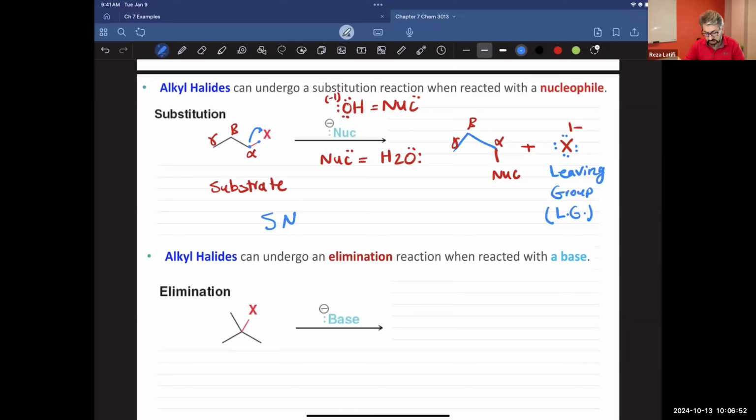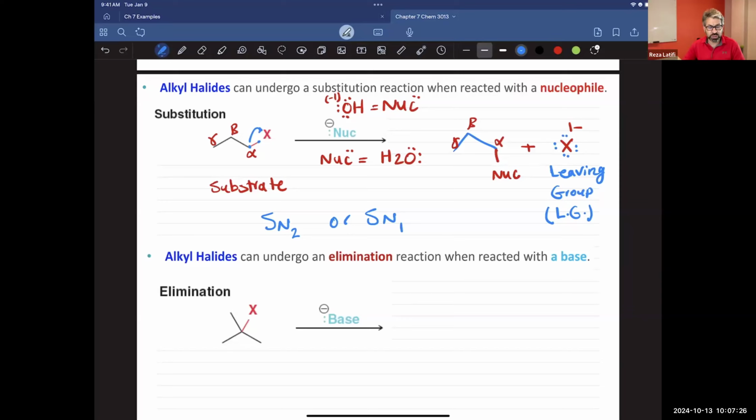And this reaction can be SN1 or SN2. If you want to be more precise, we write S, capital N written a bit lower, and then subscript 2, or we say SN1. It doesn't matter whether you write SN1 or SN2 first.